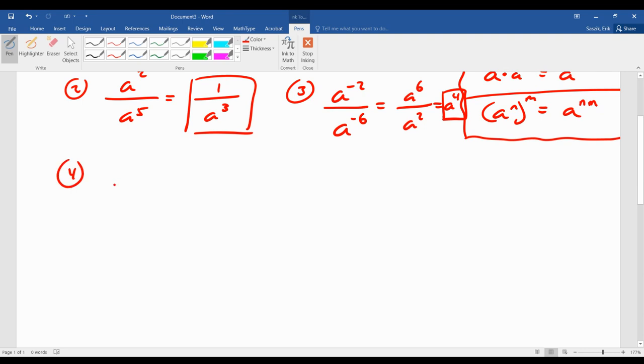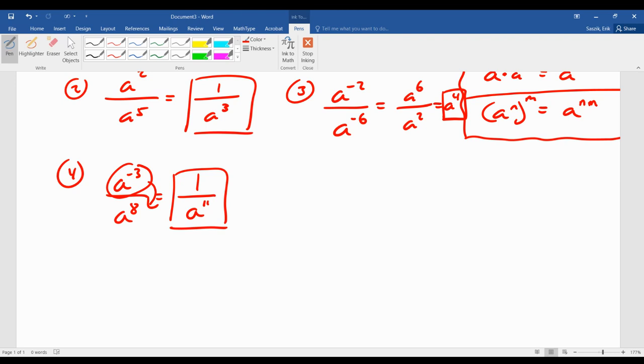Now, you could have something like this, a to the -3 over a to the 8th. So the only one that's moving is the one on the top. So that goes down and becomes positive and joins the 8, turning that into an 11 because you would add it. Because a to the 8th times a to the 3rd, you would add and become a to the 11th.